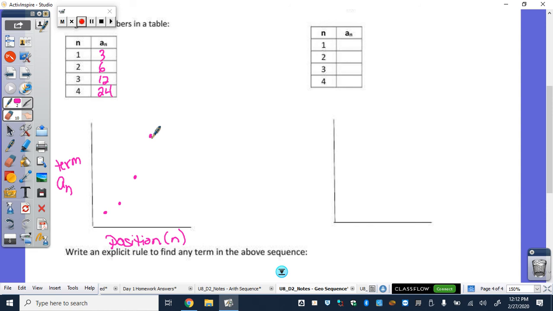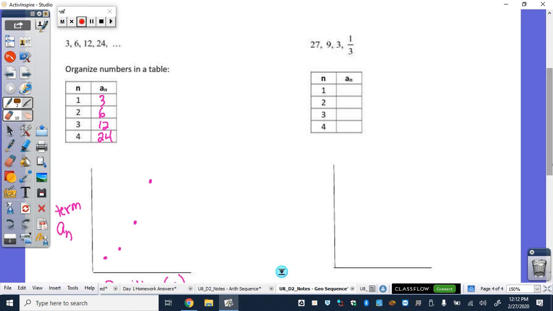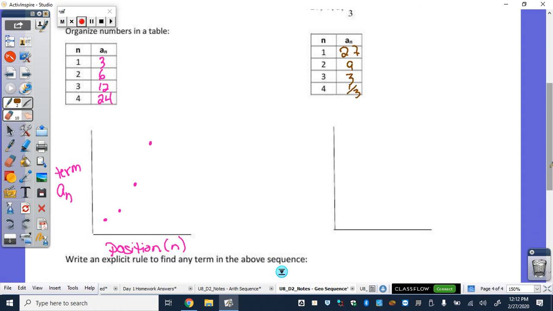Would we want to connect them? It's a sequence, so does it include the values in between 3 and 6? No. So we wouldn't want to connect them. It would just be points. But the points follow that little curve shape of our exponential. Same thing happens with the other one, which just ends up being a decay one.